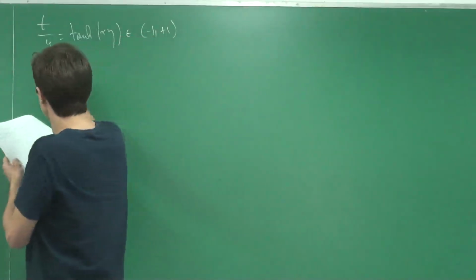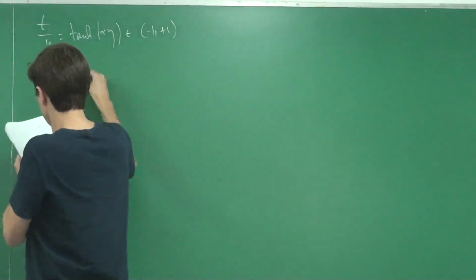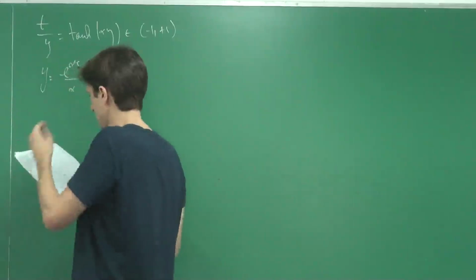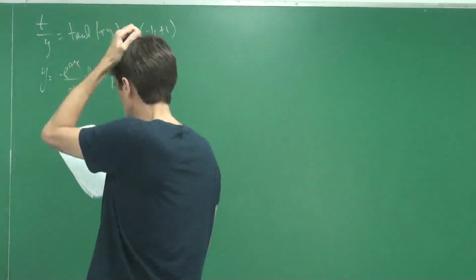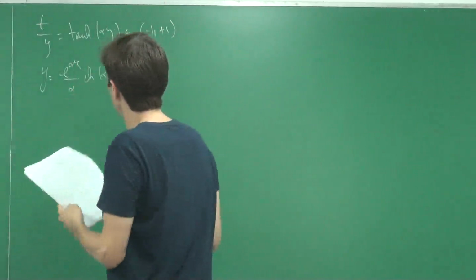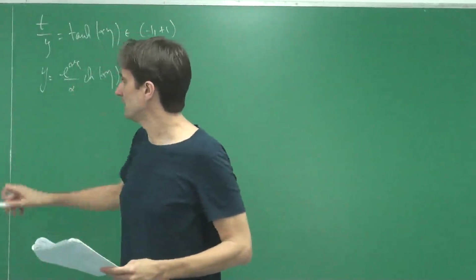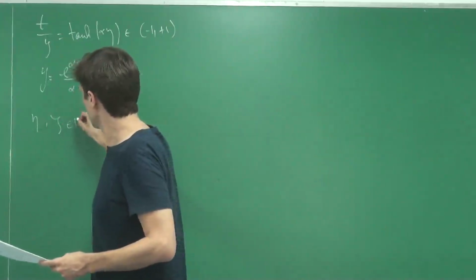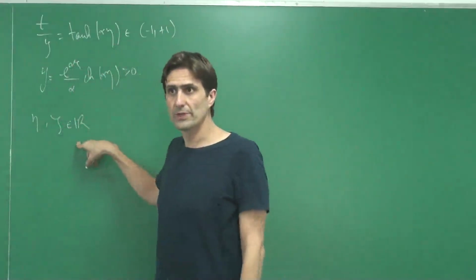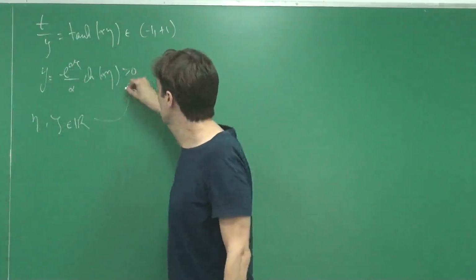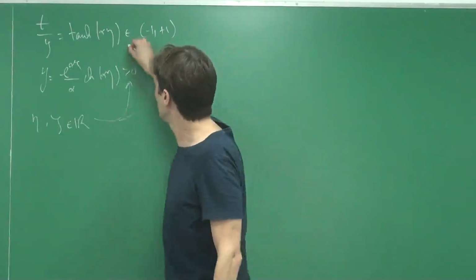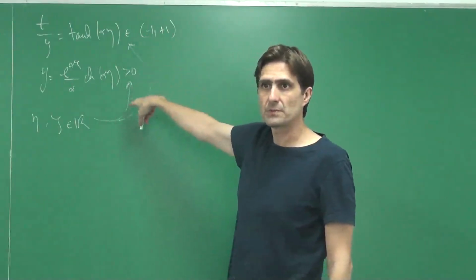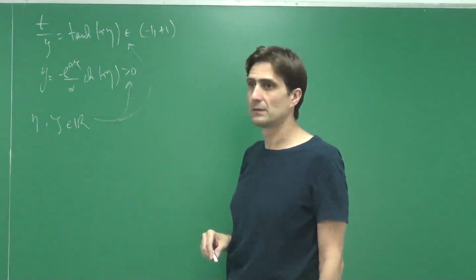And for eta and zeta going over all real numbers, that gives you these regimes for t and y.